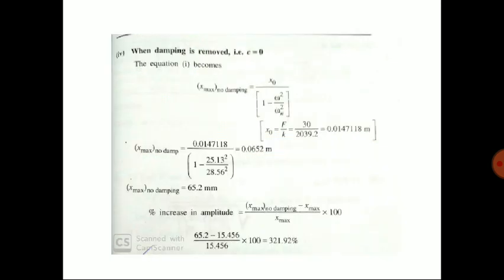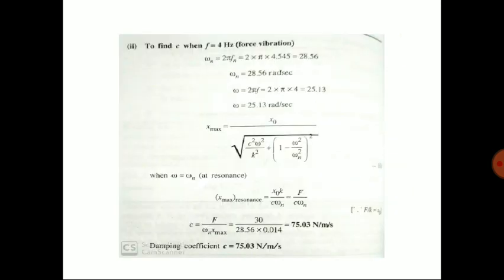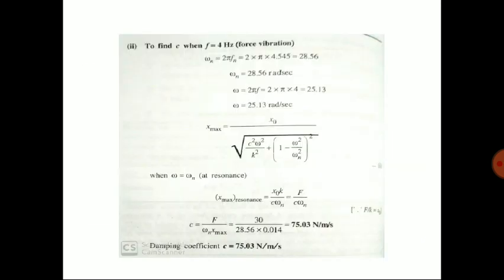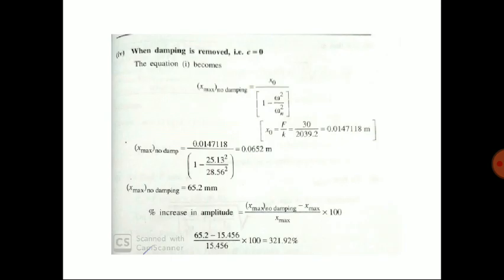So when damping is removed, what will happen? C will be equal to 0. So x max with no damping, the c terms become 0. So also we are getting no damping 65.2 mm. So what is asked in the question? Determine the increase in amplitude of forced vibration upon the removal of the damper. So that will be the percent increase in amplitude with no damping.